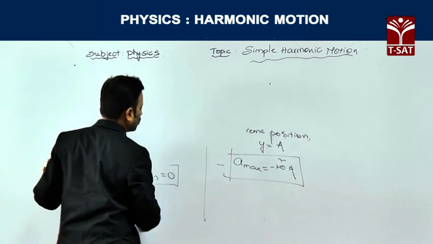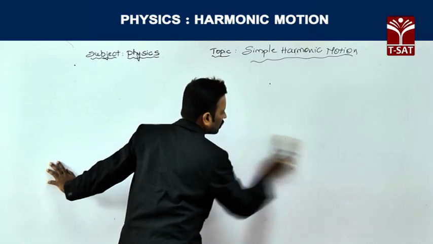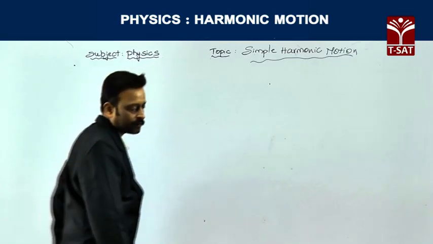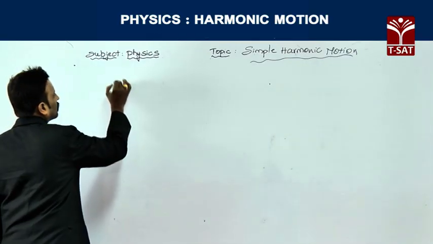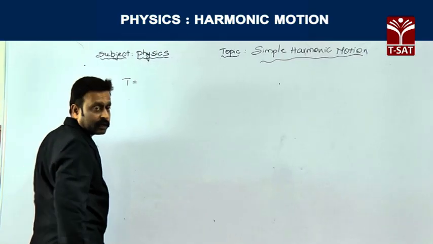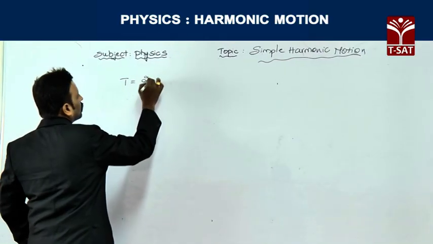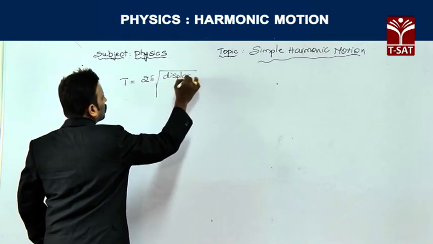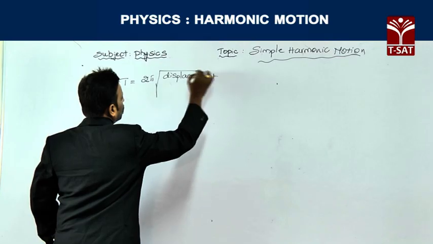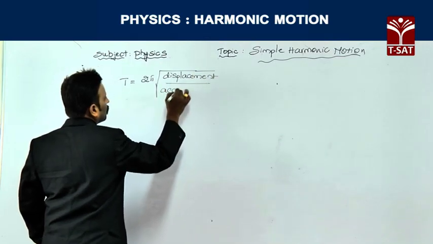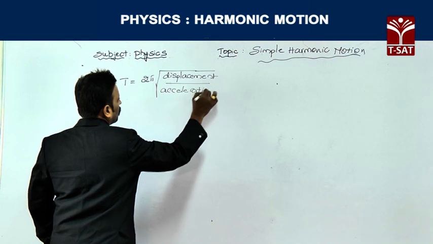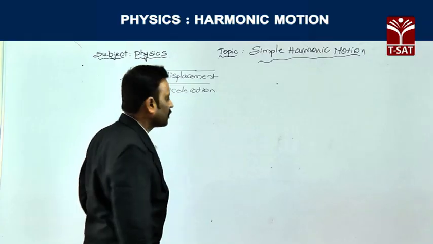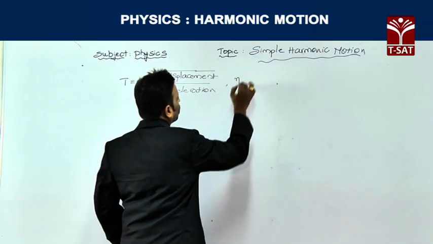After this, expressions for velocity and acceleration, then time period. Time period T is equal to 2 pi under root displacement by acceleration. That is the formula for time period. After time period, frequency.